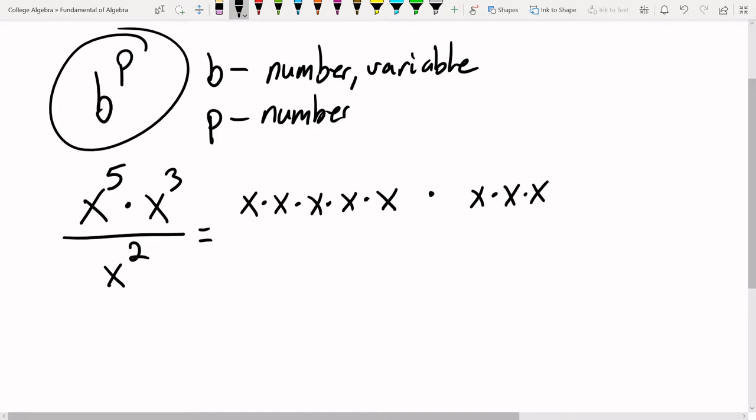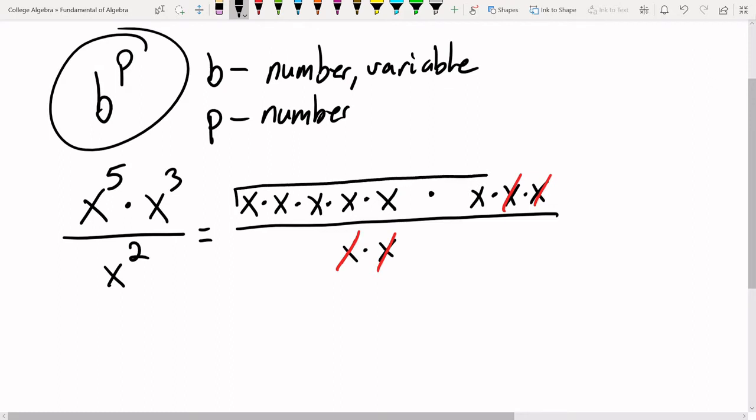There's 3 of them. And that's being divided by x squared. And now you can see, well, we have x's on top and bottom that we can cancel. And there's 6 of these left, which means we can simplify this down to x to the 6th.